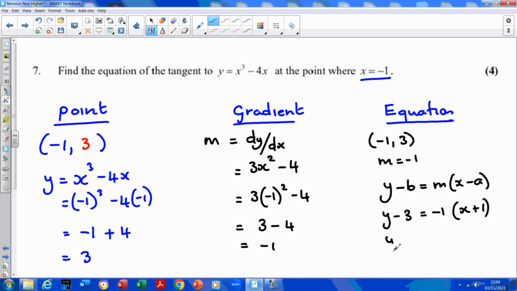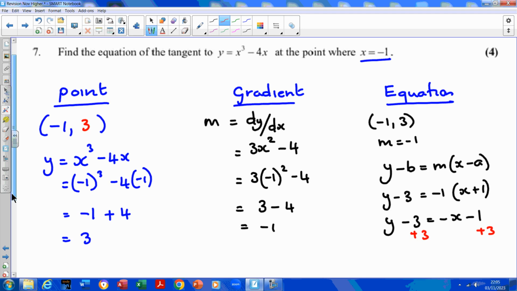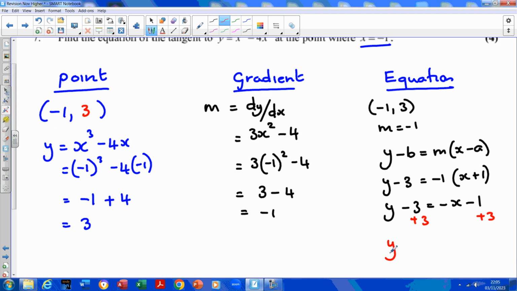So y minus 3 is equal to -1 lot of x, which is just -x. -1 times +1 is -1. Don't want that -3 to be there, so I'll add 3 onto both sides, and that will give me my final equation. So y is equal to -x. That's the same as 3 take away 1, so it's -x plus 2.